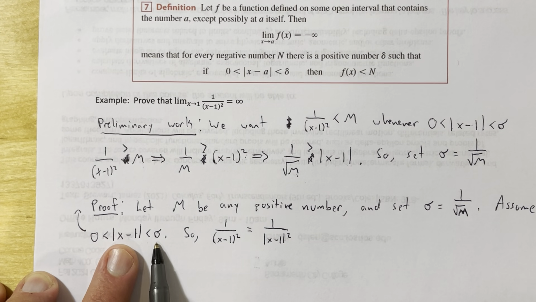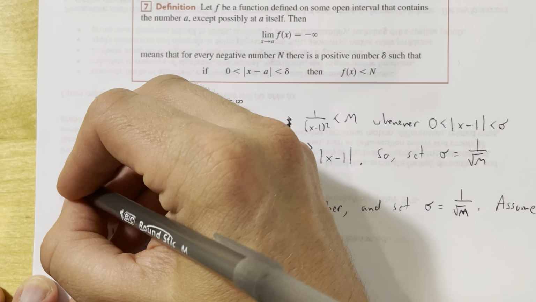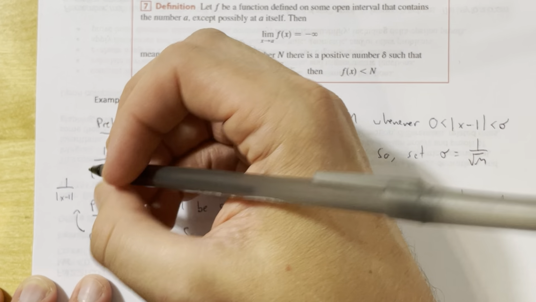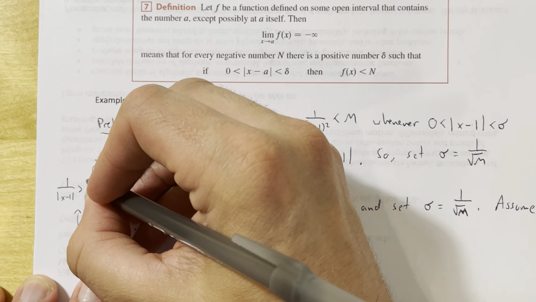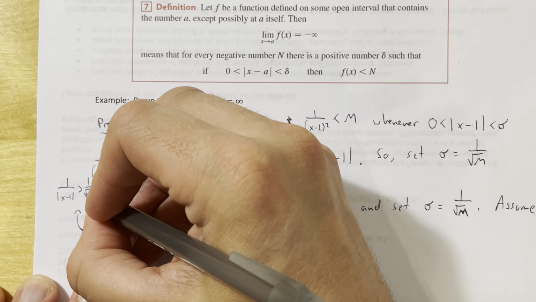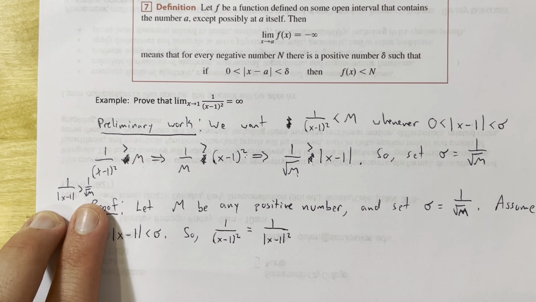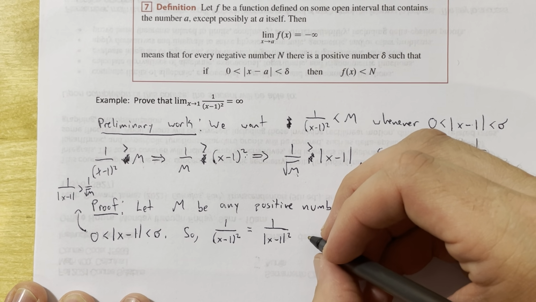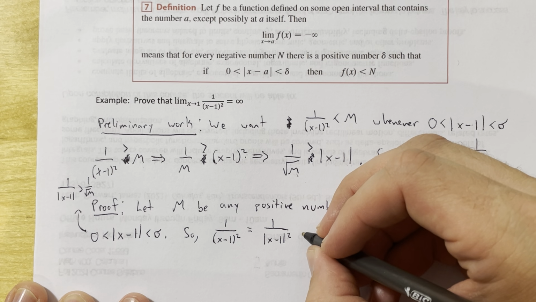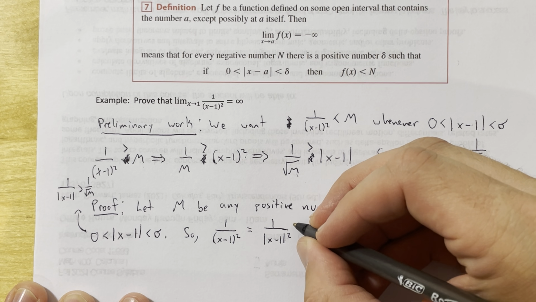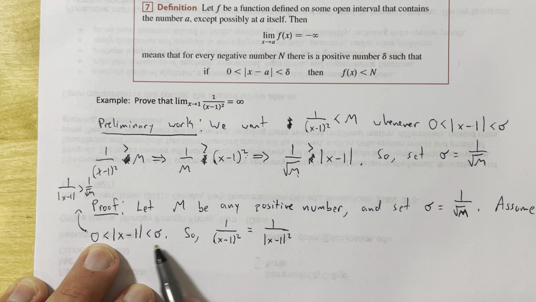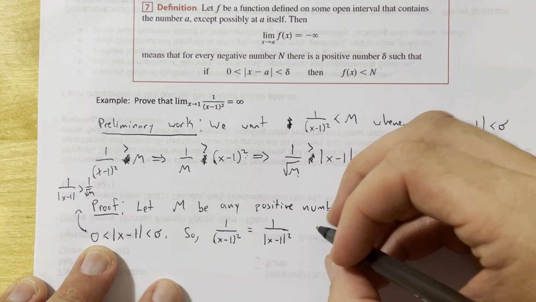If I took reciprocals of both sides of this, then that inequality will trade places. So it becomes this: 1 over the absolute value of x minus 1 would be greater than that delta, which is 1 over the square root of m. And then squaring both sides would keep that inequality facing the same direction. And so what we're going to see here is, did I write that the right direction? I want to make sure I'm doing this correctly.